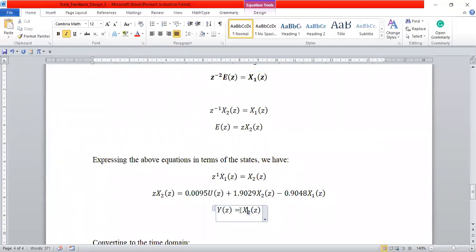Because Z raised to power minus 1 E of Z is given by x2.